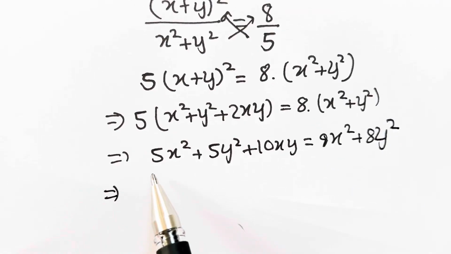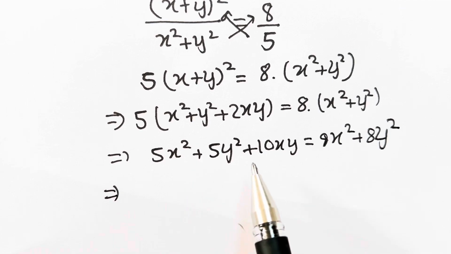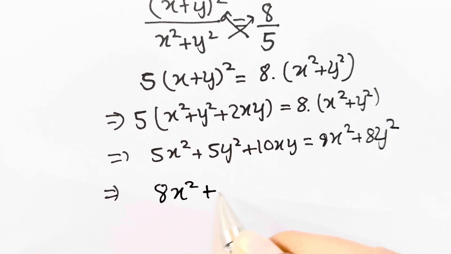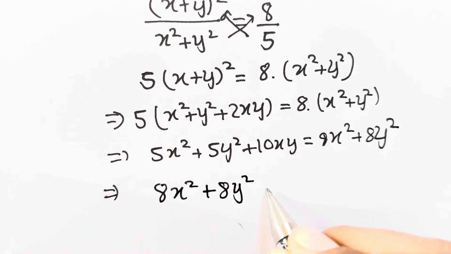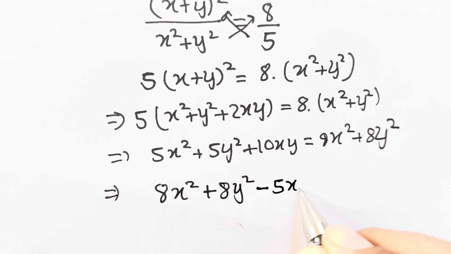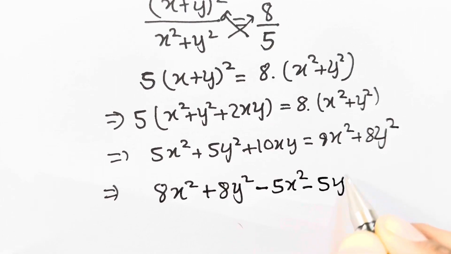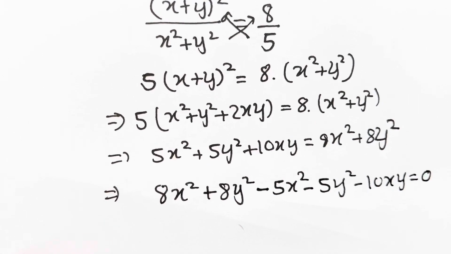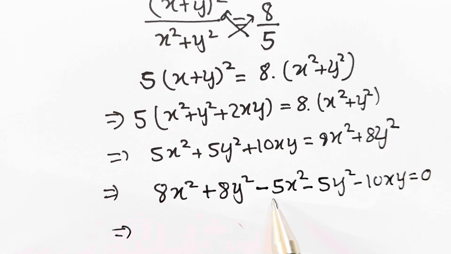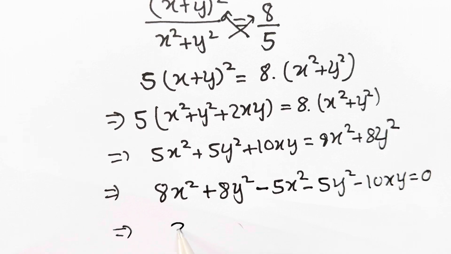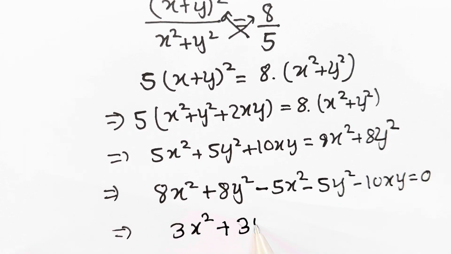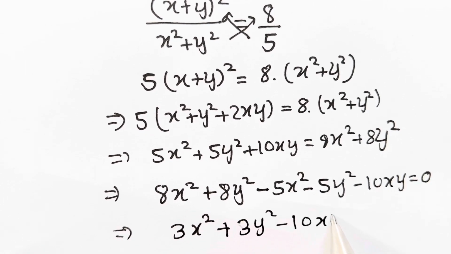Next, by bringing each term on the left hand side onto the right hand side, we will get 8x square plus 8y square minus 5x square minus 5y square minus 10xy is equal to 0. 8x square minus 5x square will become 3x square, and 8y square minus 5y square is plus 3y square, minus 10xy is equal to 0.